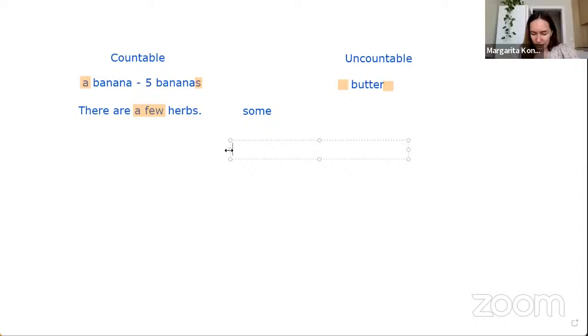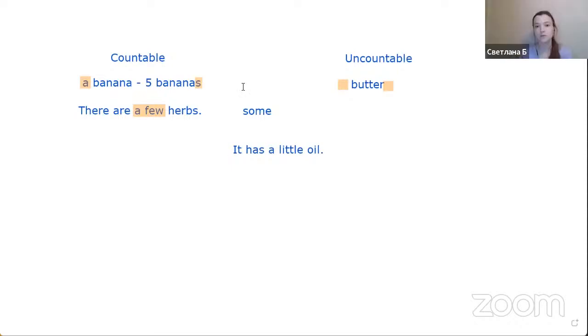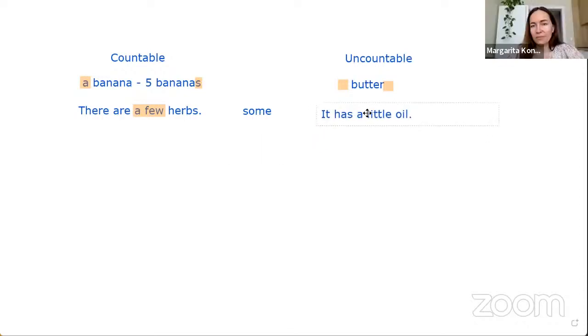And I had also another sentence. It has a little oil. Tell me, please, is it a big number or a small number? It is a small number. So it is for uncountable.